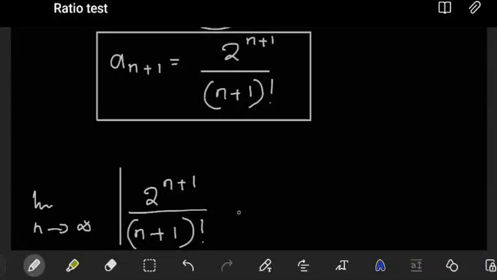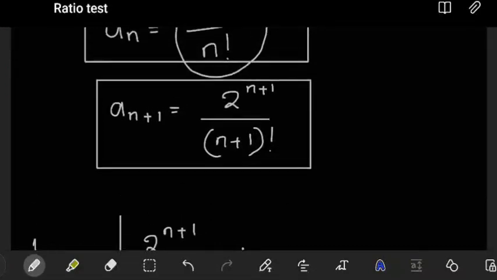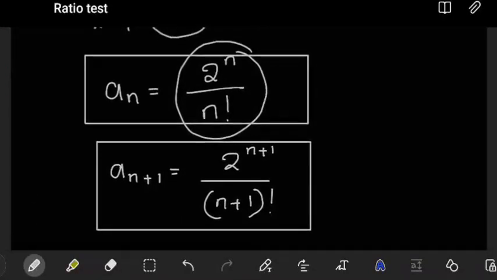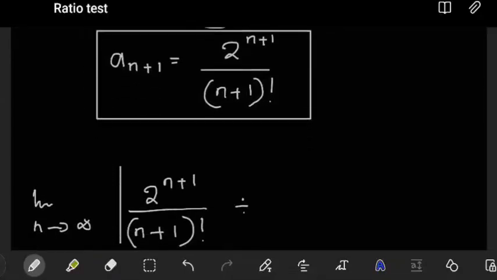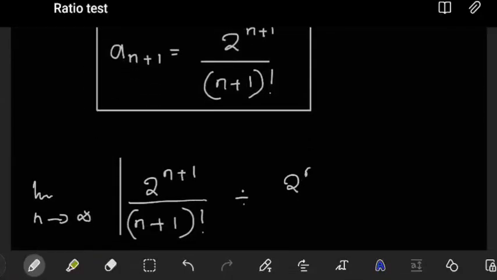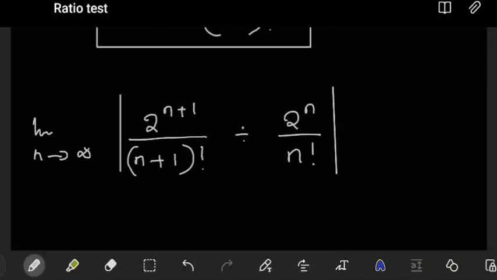Then of course divided by, so we're dividing a sub n plus 1 by a sub n, and a sub n is just 2 to the power n divided by n factorial. So of course we have to remember to put the modulus.